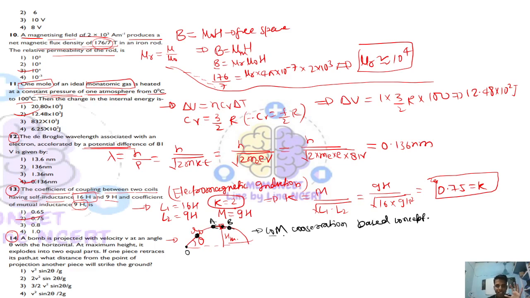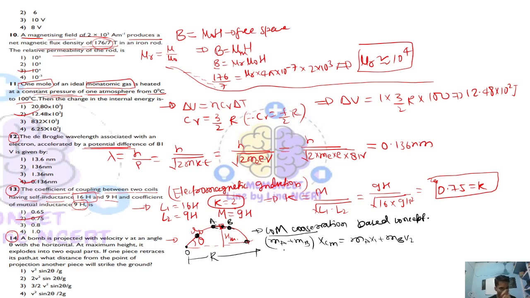So by applying the conservation of center of mass, you can easily say that ma plus mb into x center of mass will be ma x1 plus mb x2. You are given x1, and you need to find x2, knowing the center of mass and the masses. The center of mass will fall here and it will be your range.